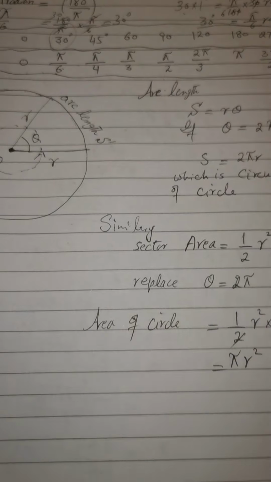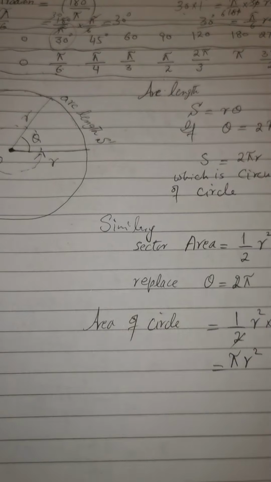But you know, if we have a straight line, above the straight line it is an angle of 180 degree.